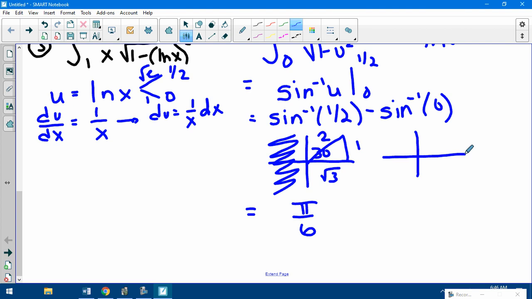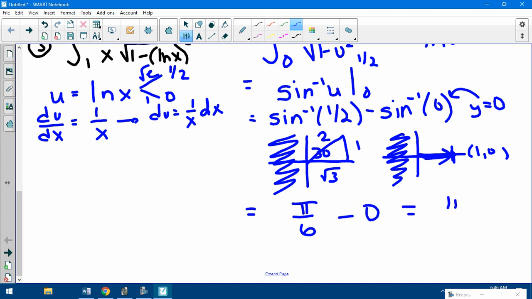Sine inverse of 0, we still get rid of the left. 0 is what type of an angle? Quadrantal. You got to think, sine is always the y value. Where's y equal to 0? That's over here, because this is the point 1, 0. So what angle is that? This is angle 0 here. So pi over 6 minus 0, your answer is pi over 6.